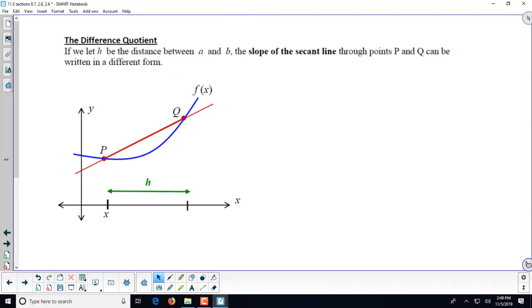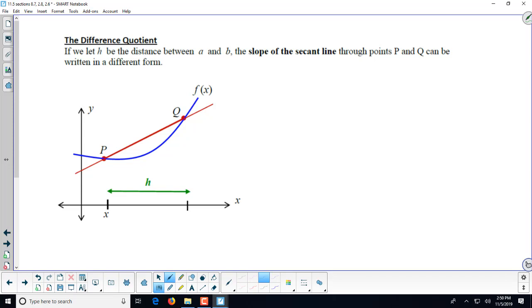So we're just using new notation. So now, instead of saying A and B, I don't want to use specific values. I want something that will calculate the average rate of change no matter what the interval is. If it's this interval or little intervals, okay? I don't want to have a specific A and B in every time because that's a lot of work, okay?